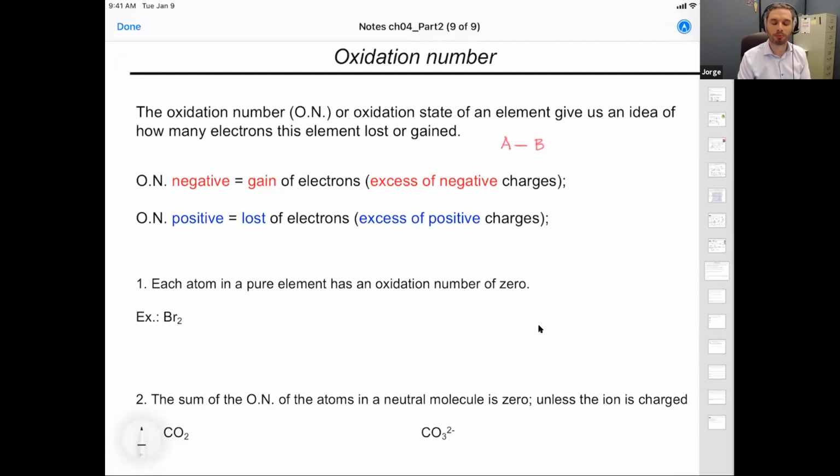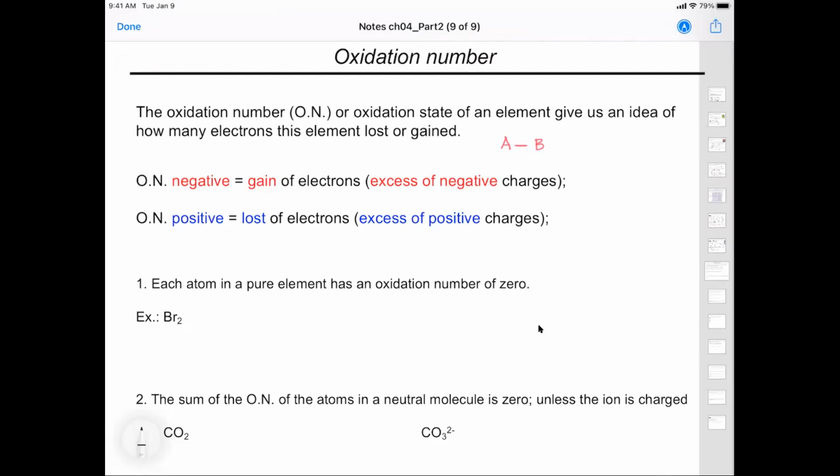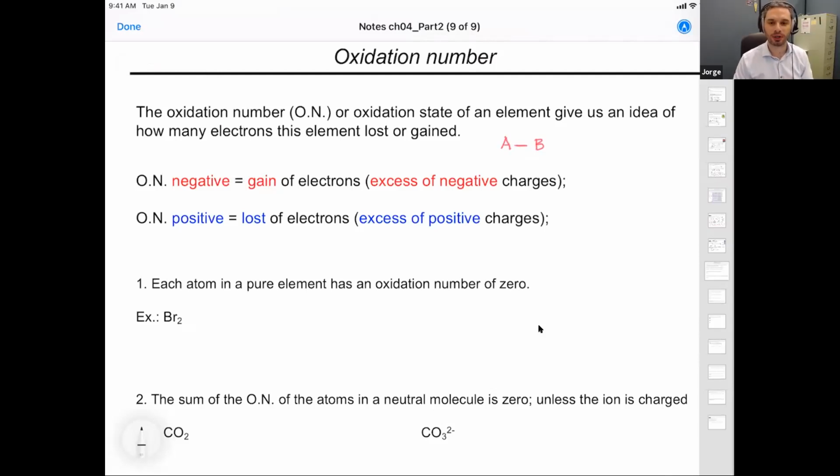So I'm going to represent this pair of electrons shared by this horizontal line. Sometimes one of the elements gains electrons and the other one loses electrons. So A and B are always fighting to get the electrons close to each other. And that's what the oxidation number will sort of measure.